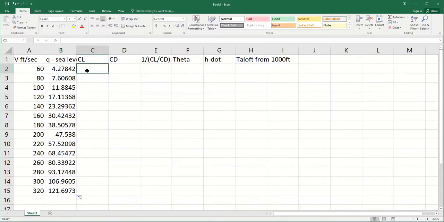Okay, so the next column is CL, which is equal to the weight, which is 2950, divided by dynamic pressure times the wing area, which was 174. Somebody check that calculation.